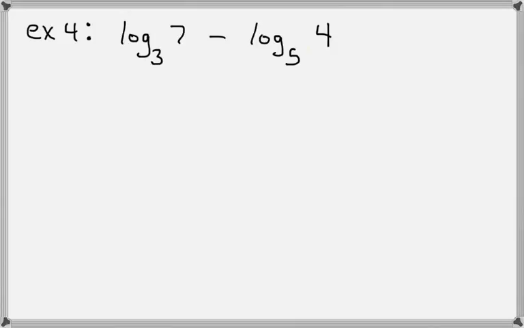In example 4, we have log base 3 of 7 minus log base 5 of 4. If we look here, we have a 3 and we have a 5. 3 does not equal 5, so we cannot use the quotient property.